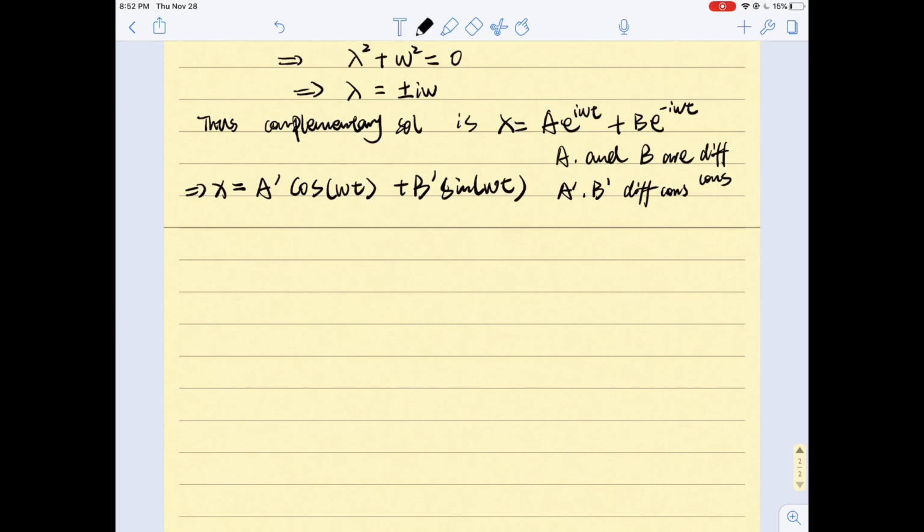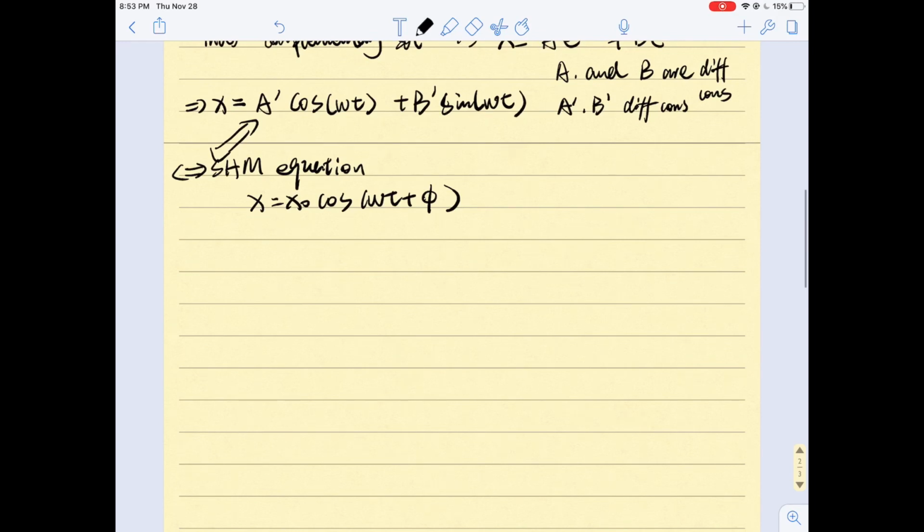It's also equivalent to the simple harmonic equation x equals x0 cosine of omega t plus phi.